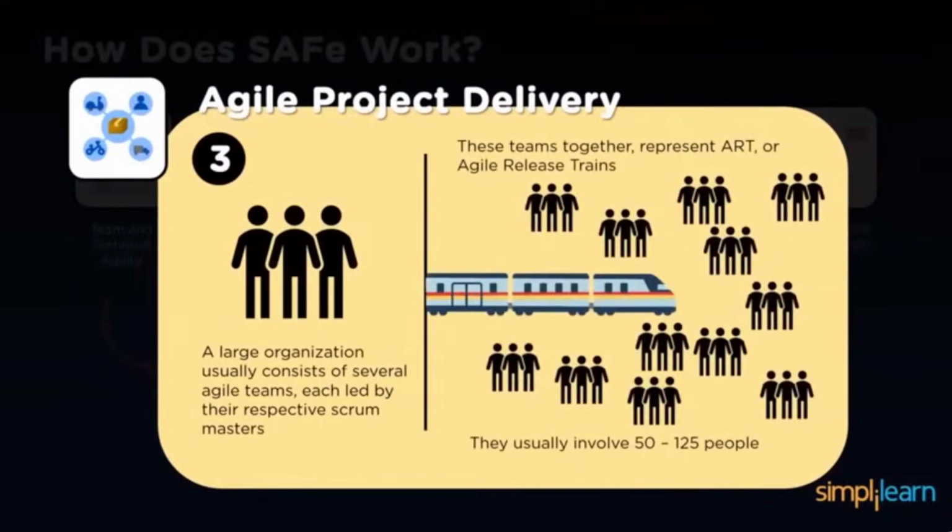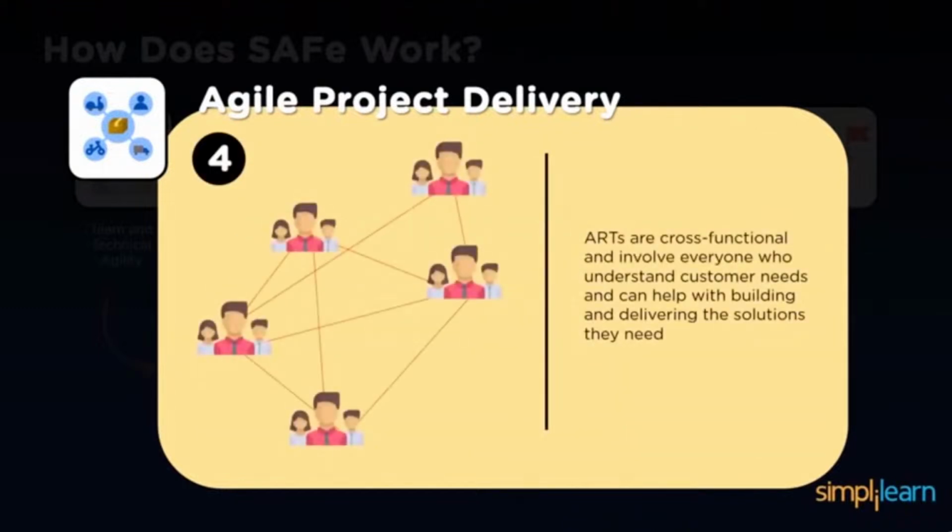So agile product delivery. A large organization usually consists of several agile teams, each led by their respective Scrum Masters. These teams together represent agile release trains, also called ART. They usually involve 50 to 125 people. ART are cross-functional and involve everyone who understands customer needs and can help with building and delivering the required solution.